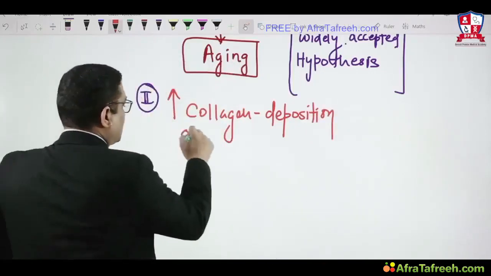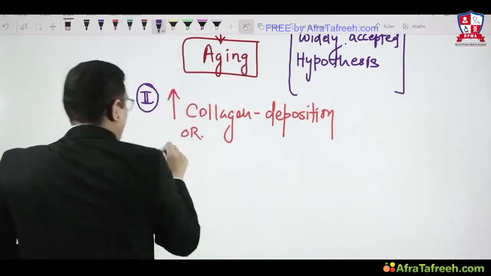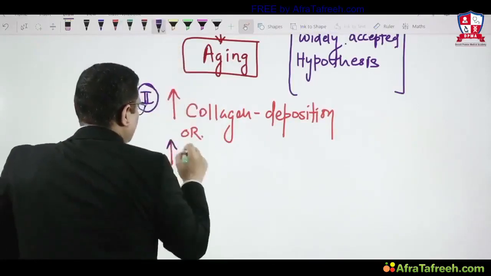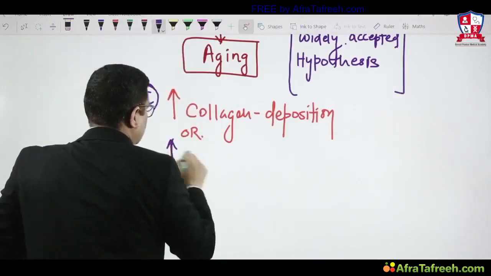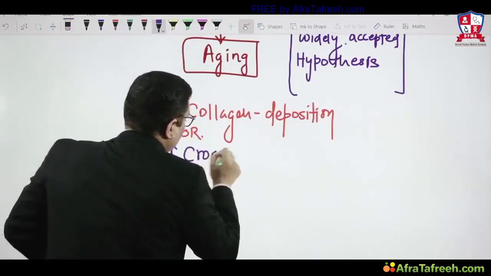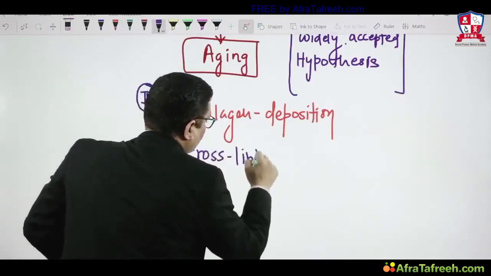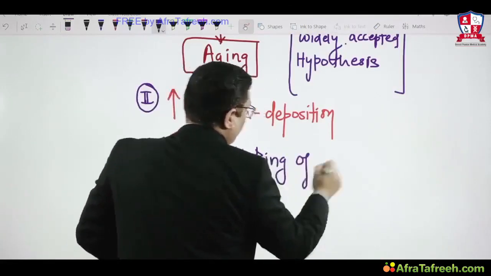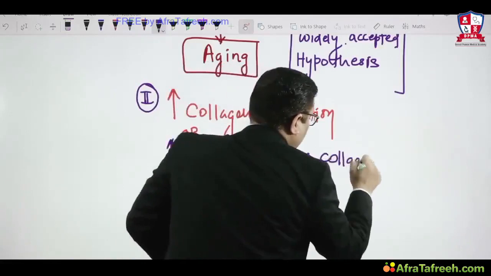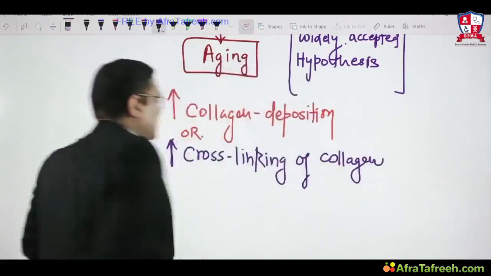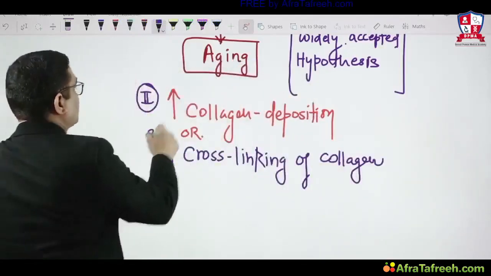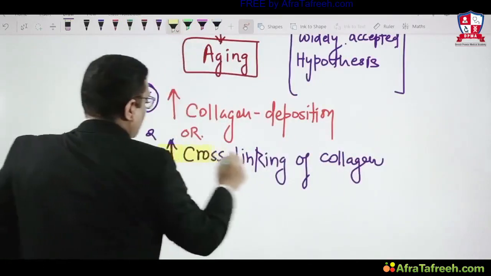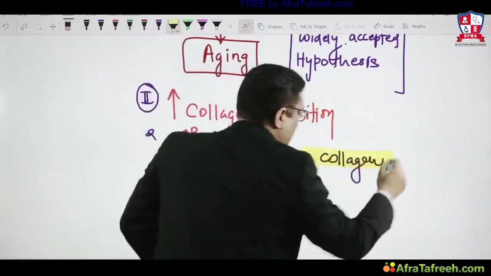This wording was used in All India exam 2016 and 17. Increased cross-linking of collagen is responsible for aging, right? This was a question in All India exam. Increased cross-linking of collagen will promote more aging.